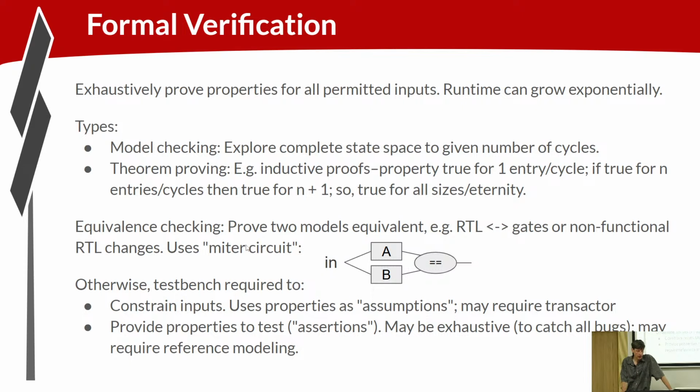Other than equivalence checking, it's important to note that for formal verification, just as for dynamic simulation verification, we need test benches. You need to specify the constraints on the inputs, so the test benches are different in nature.